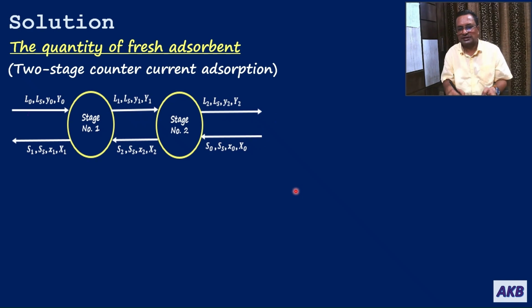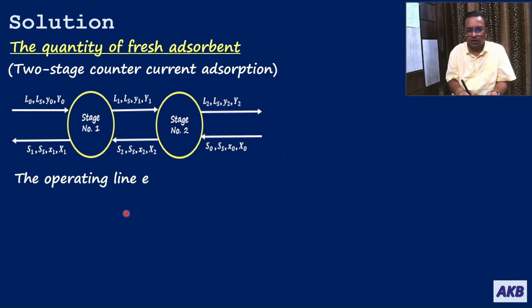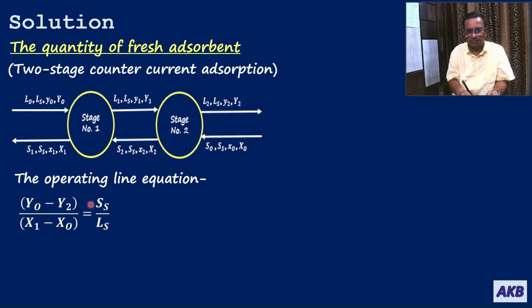That is, the two phases are moving countercurrent to each other. Now the operating line equation, which I had derived in part number 18, I am giving the link to the entire playlist in the description section. So in part number 18, I had derived this equation for the two-stage operation.